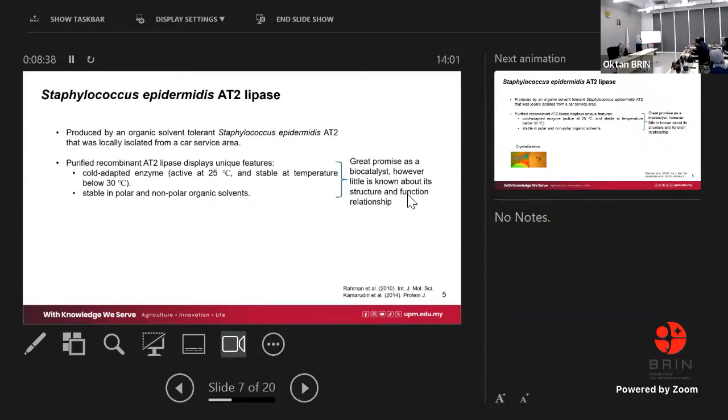The motivation at the time was to isolate organic solvent tolerant bacteria that produce organic solvent tolerant lipase. We expressed it, purified it, and characterized the enzyme, and we found that this enzyme has two unique features.